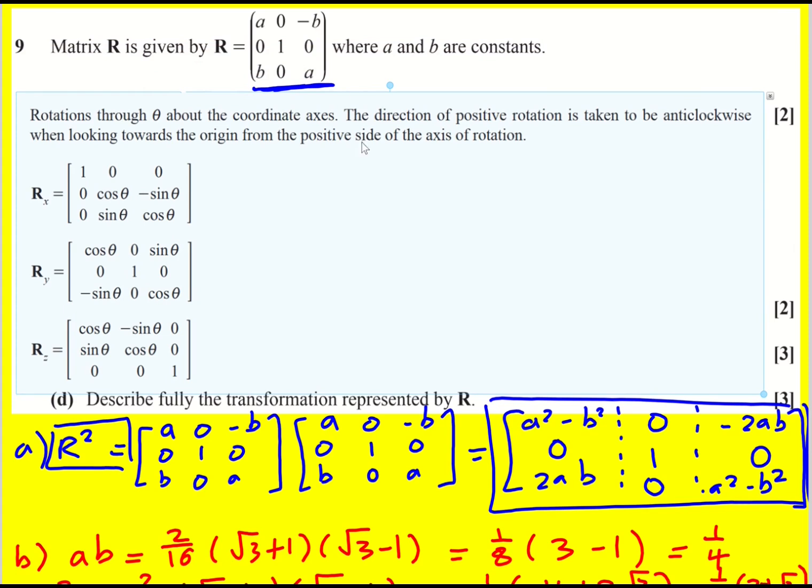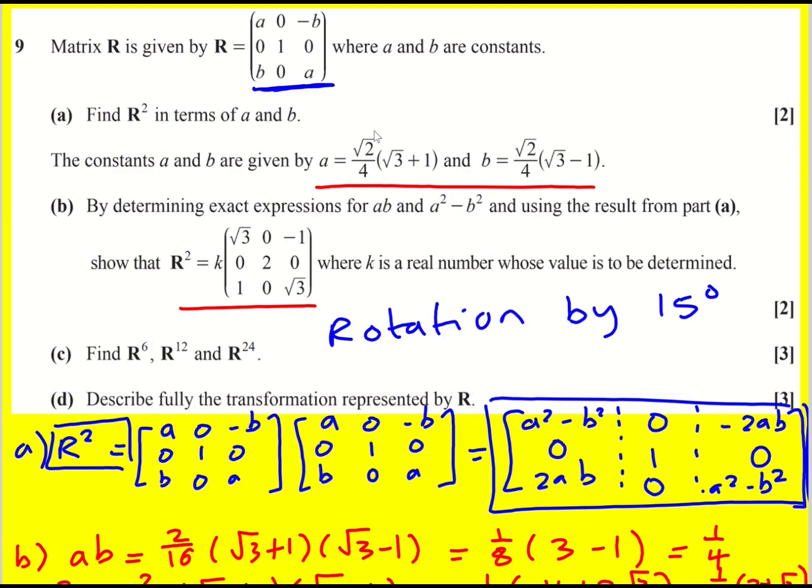So sine theta for us is negative. And all that means is it's going to be going in the opposite direction. So it would be a minus 15 degree anti-clockwise rotation, but we can say rotation by 15 degrees clockwise. And finally, we just need to say about the y-axis.